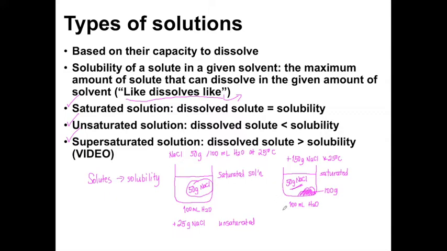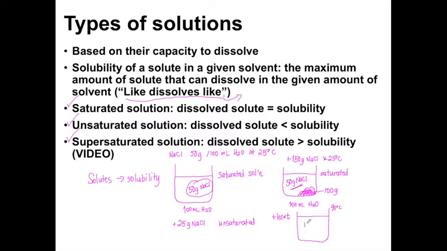But what if I heated this? In general, heating increases the solubility of some ionic compounds. So I heated it up to a certain temperature, let's say 90 degrees.